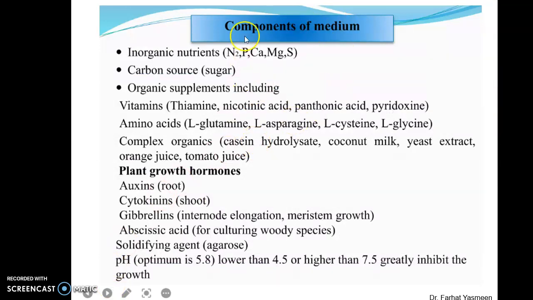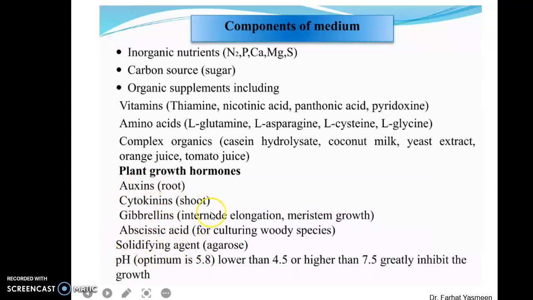Different components of media are used, which include the inorganic nutrients: nitrogen, phosphorus, calcium, magnesium, and sulfur. There are also carbon sources and organic supplements, which include vitamins, amino acids, different types of complex organic compounds, and plant growth hormones such as auxins, cytokinins, gibberellins, and abscisic acid.